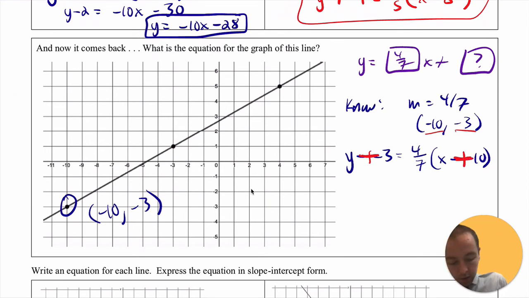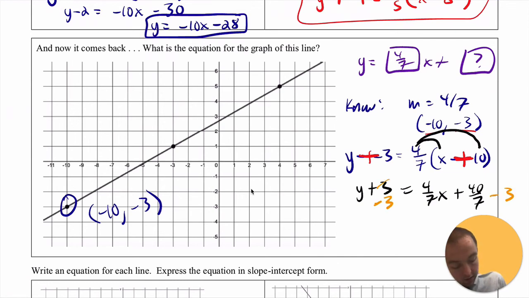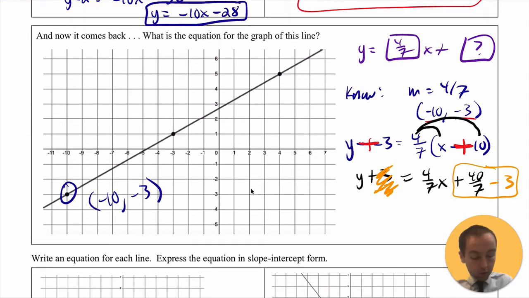And then you're able to get this into slope-intercept form if you wanted to by simplifying. By distributing, first of all, you're going to get 4/7 x, and then 4/7 times 10 would be 40/7, and then we have y plus 3 is equal to that. To get the y alone, you can go ahead and subtract 3 from both sides, and you'll notice that these are like terms because they're both just numbers.